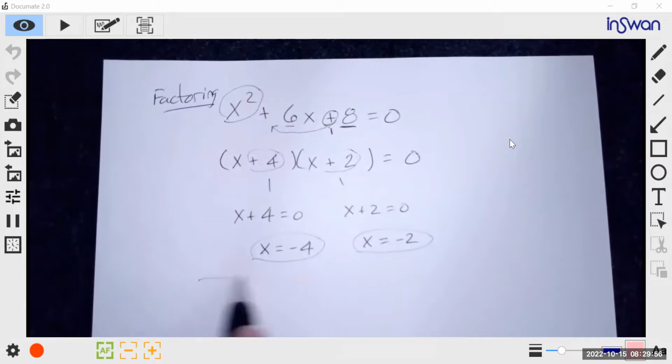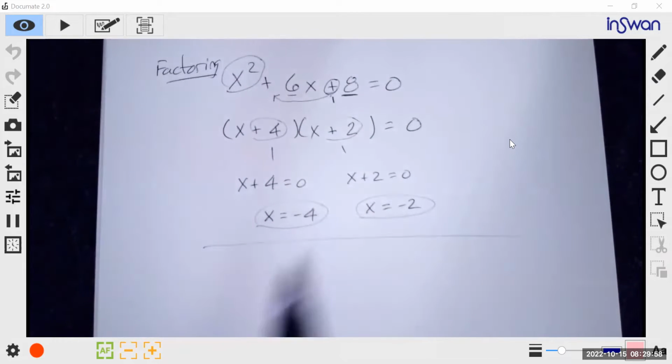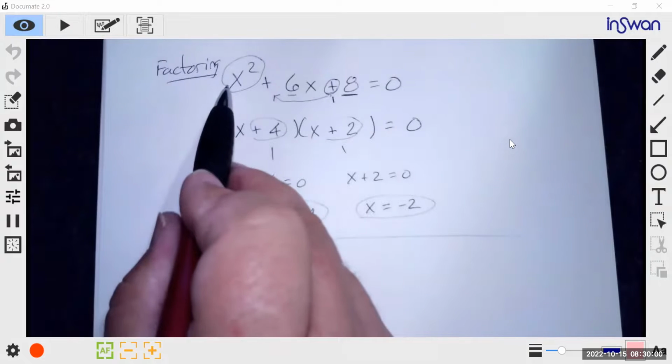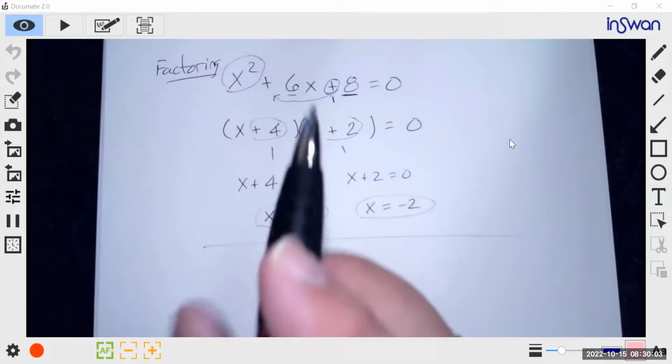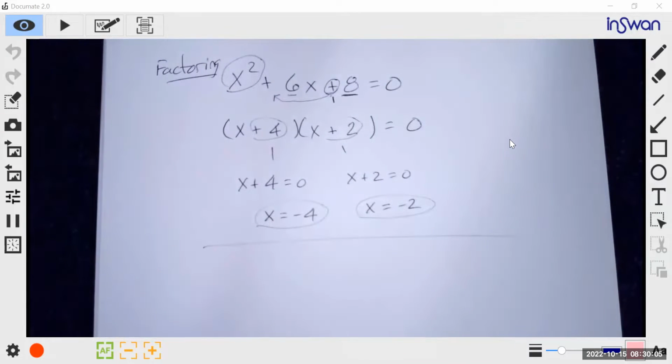Okay, let's try another one, factoring that has a leading coefficient. So far, if the leading term is 1, then it makes it much easier. So let's look at one that doesn't have something that simple. Let's look at this one.